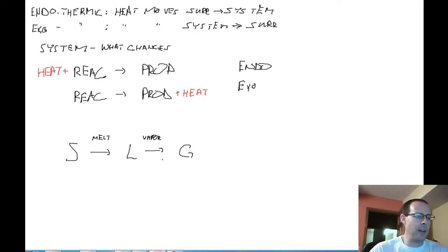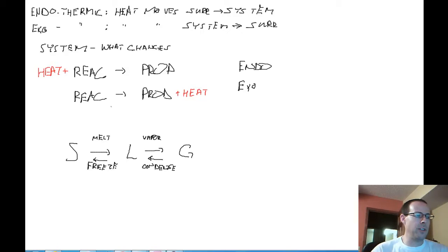All right. If we go the opposite way, if we go from gas to liquid, that's known as condensing or condensation. And as we go from liquid to solid, that is known as freezing.